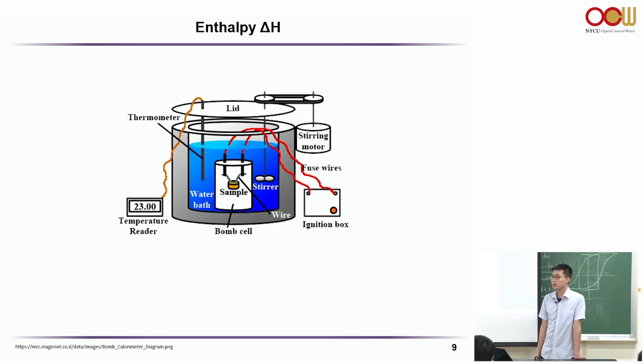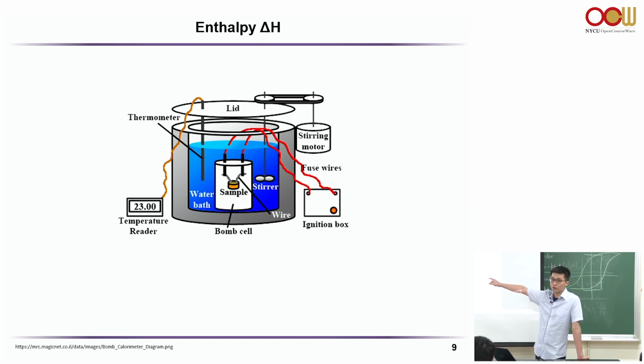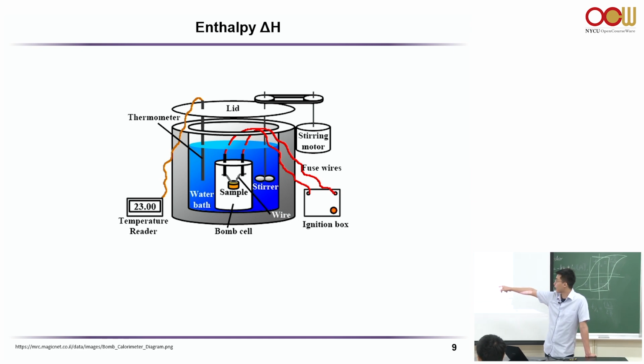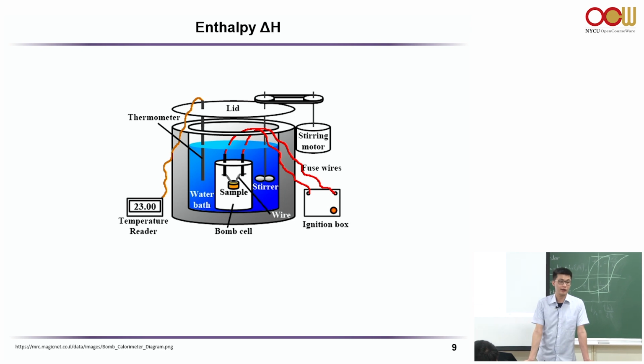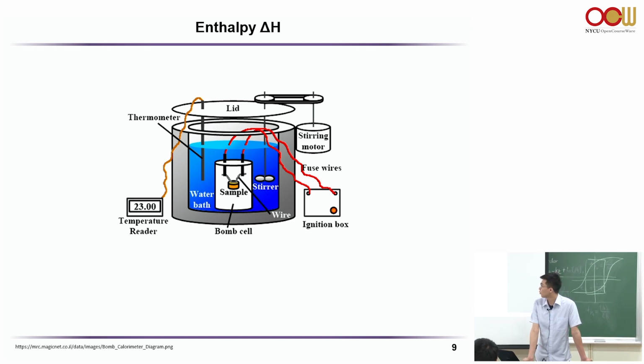So we can put some amount of the substance that you want to analyze into your sample holder, and we can ignite it with a spark. Then we can measure the temperature change. And in such a case, we assume there's no energy loss from such combustion reaction. So we can, using the heat capacity of water, quantify how much energy is released from the combustion reaction.